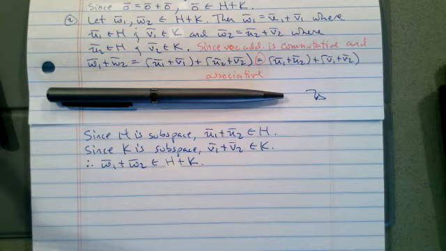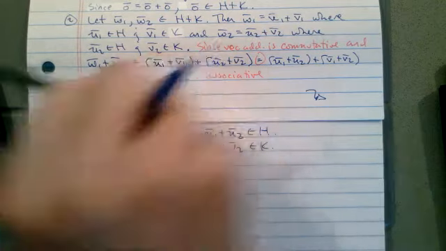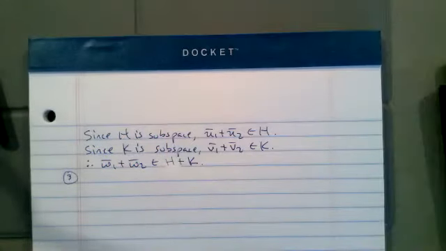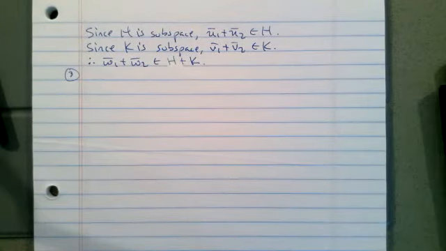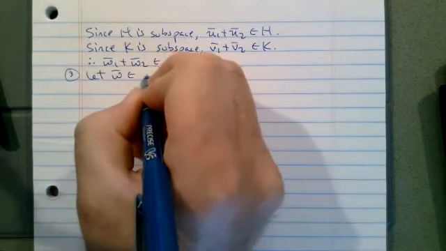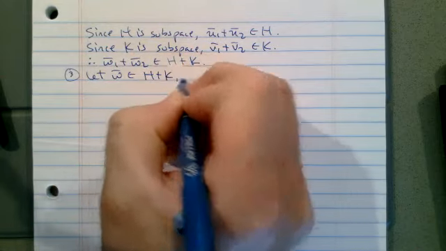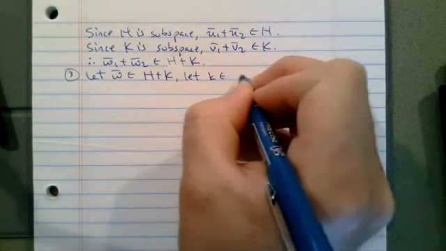Part 3, I need to grab a vector from H plus K and some scalar and show that the subset is closed under scalar multiplication. So 3. I'm going to just grab a vector from H plus K. So let's let W be an element of H plus K. And let K be some scalar.